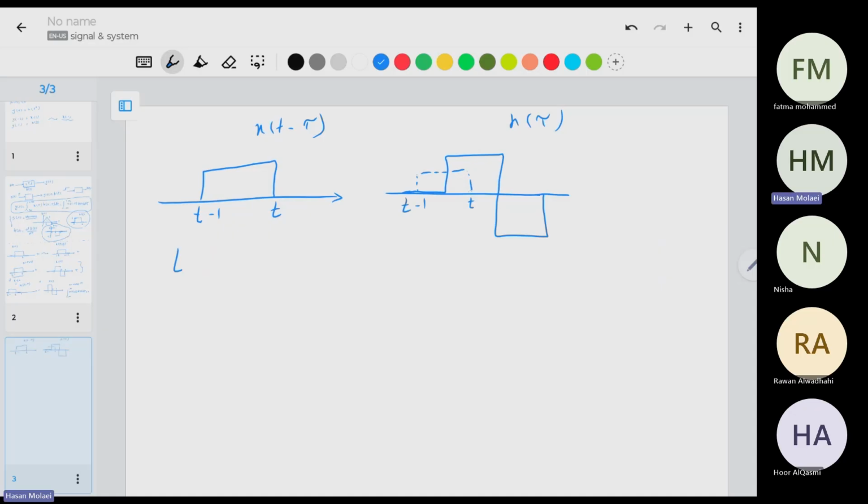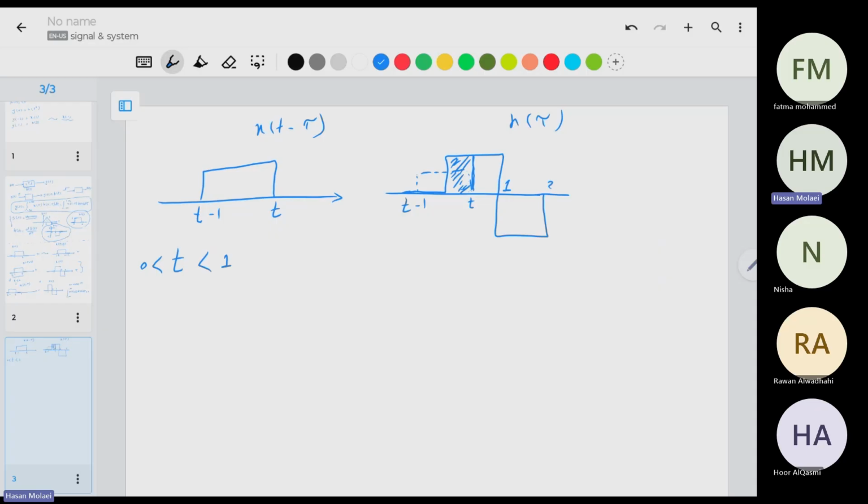So t would be bigger than 0, but smaller than 1. In that case, we need to find this area.